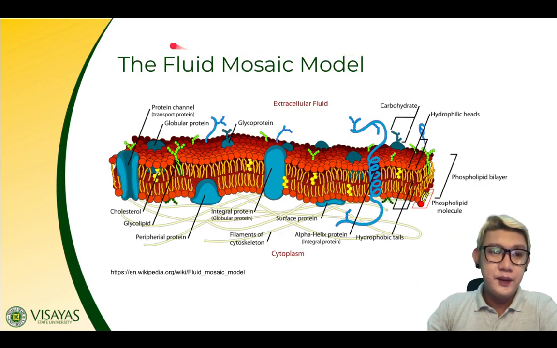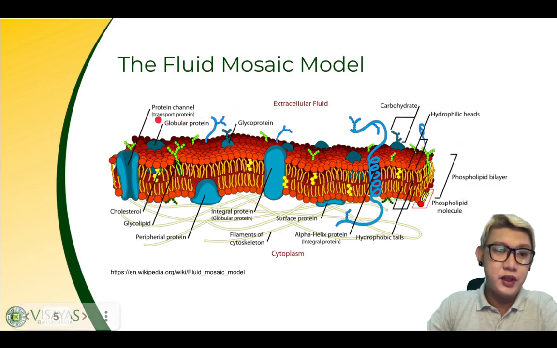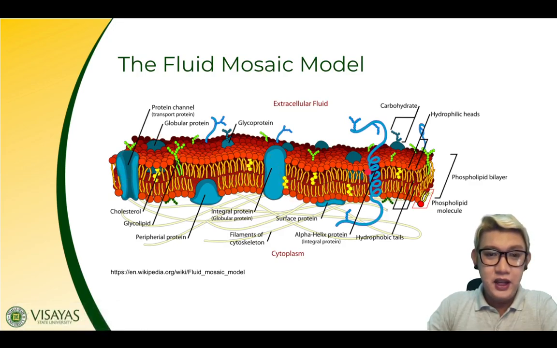Now, the structure of the cell membrane is best described by the fluid mosaic model. This means that the different lipid and protein components are floating in an array of these different macromolecules.